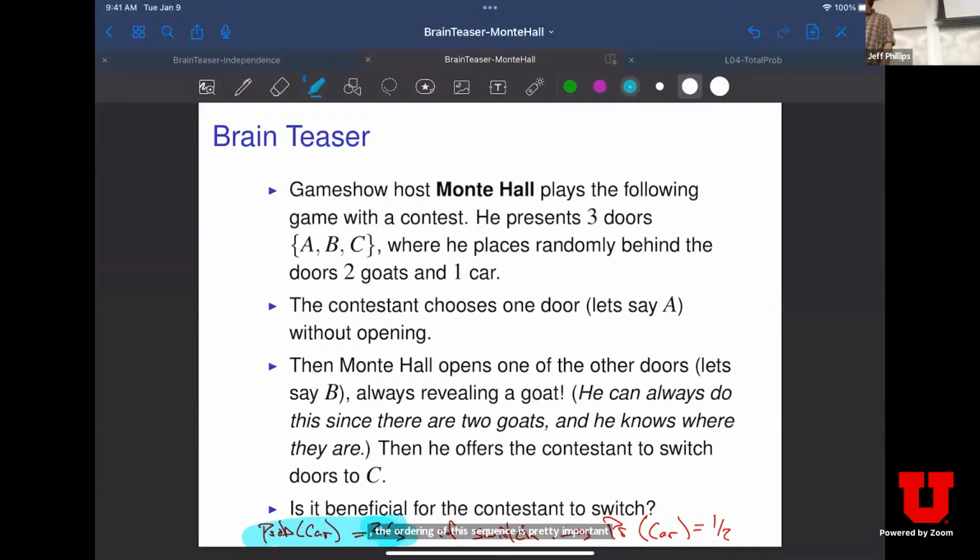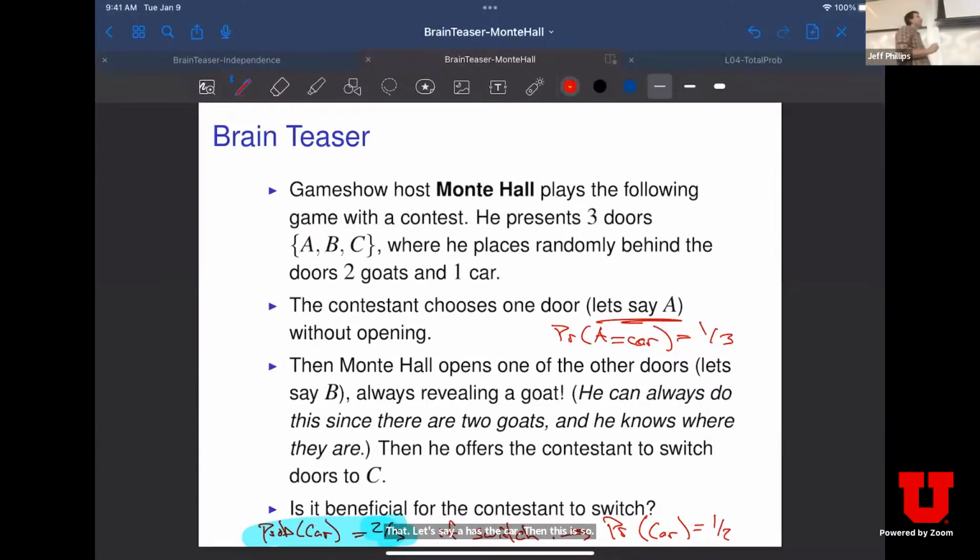At the point when you chose door A, what was the probability that you chose the door with the car behind it? At the point you chose door A, if I stopped here, the probability that A has the car is 1/3.